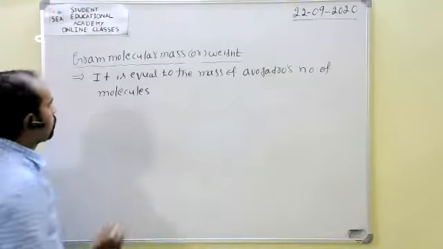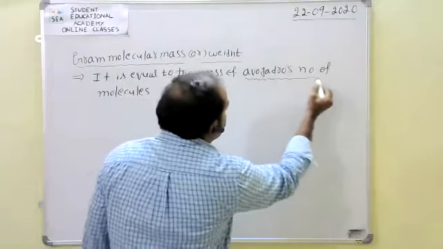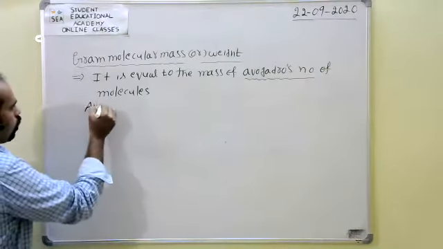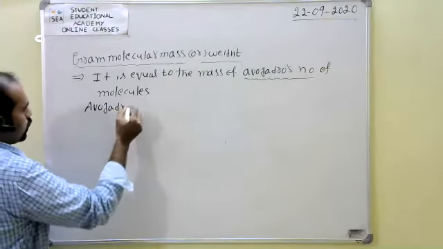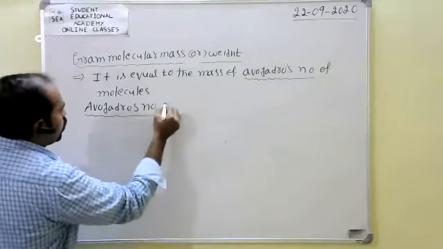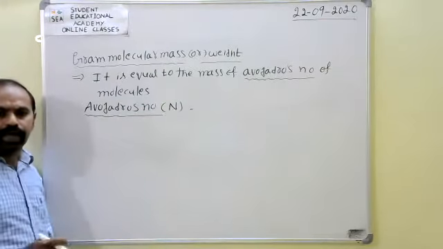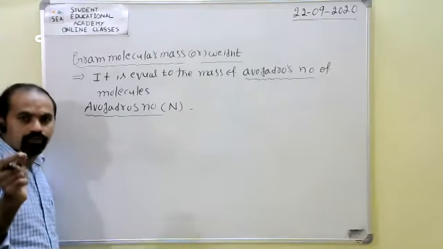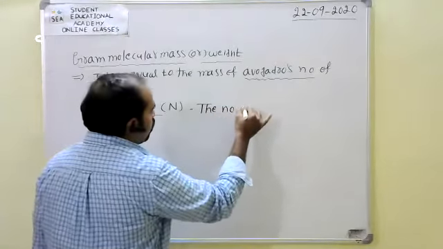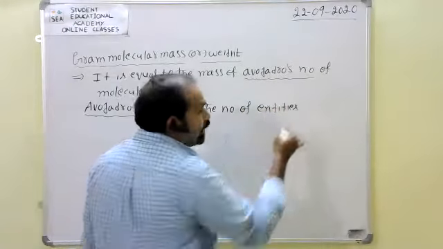So here, what is called Avogadro's number? Avogadro's number, it is denoted by capital N. It is defined as the number of entities.